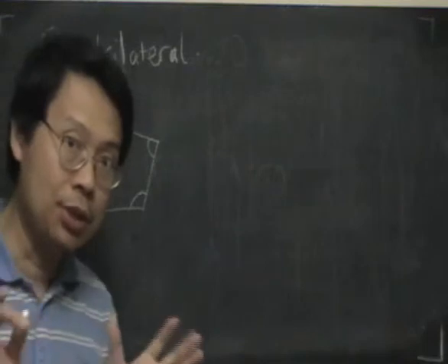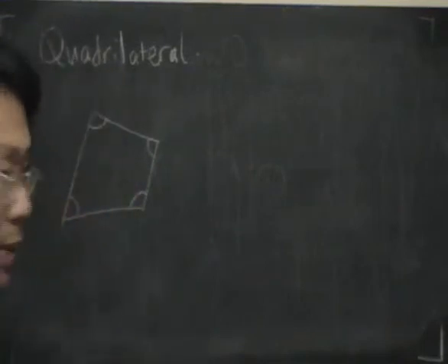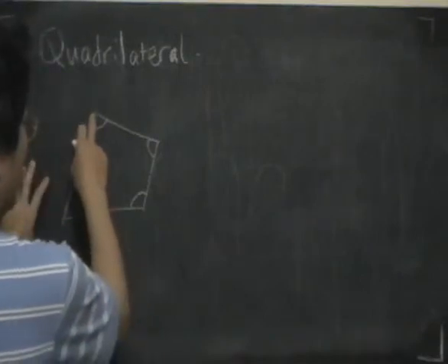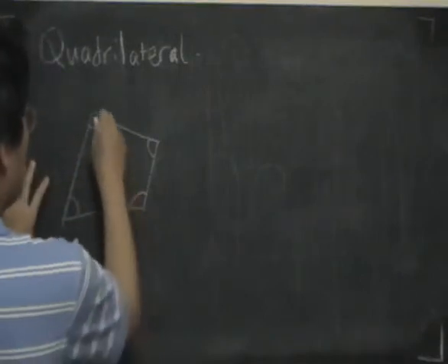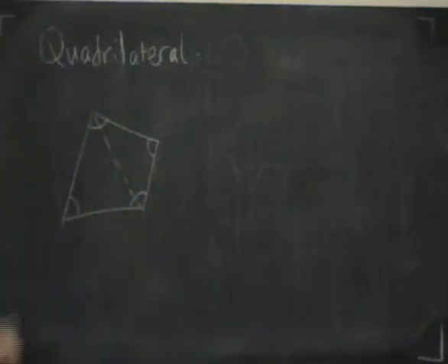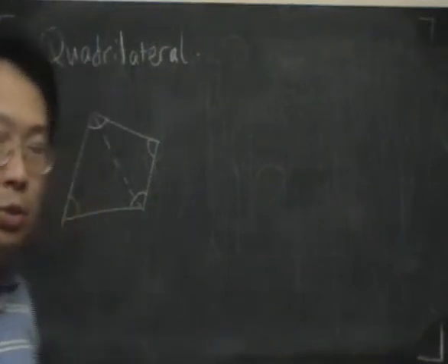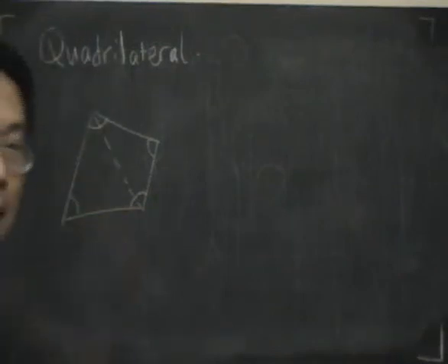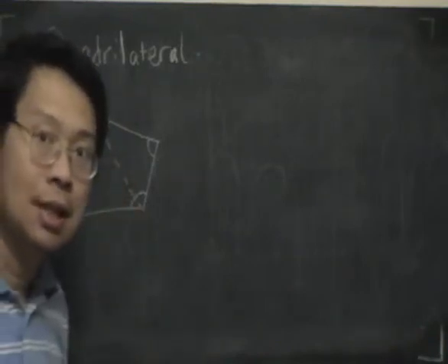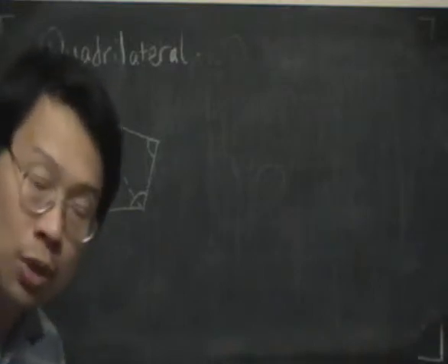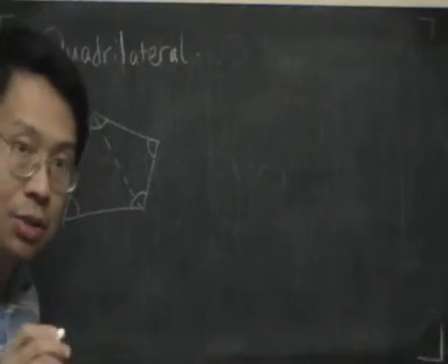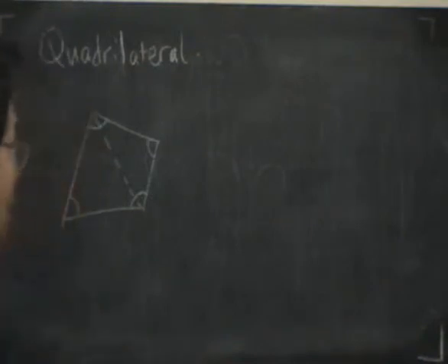Okay, now there is actually a simple way to understand why. Imagine drawing a line to join one corner to the opposite corner. If I draw this line, notice that I have divided the quadrilateral into two triangles, and we already know that the sum of angles in a triangle is 180 degrees.